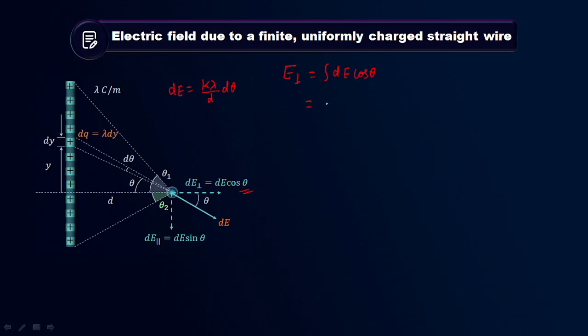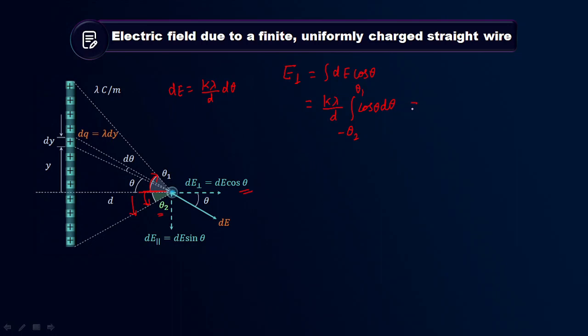Now k lambda by d is constant, so we can take it out, and we have cos theta d theta. Now the limit will be from where to where? See here, if I rotate in the clockwise direction, the angle is theta 1, and if I rotate in the anti-clockwise direction, the angle is theta 2. So can I say that we have to move minus theta 2 below the line, so the limits are minus theta 2 to theta 1, yes or no? So minus theta 2 to theta 1.